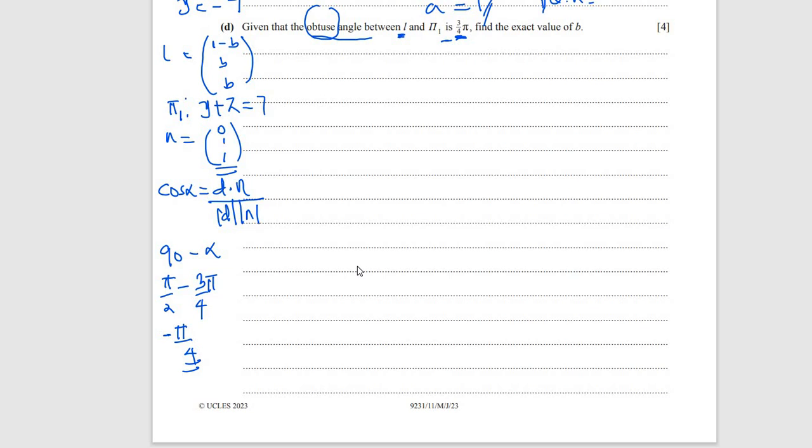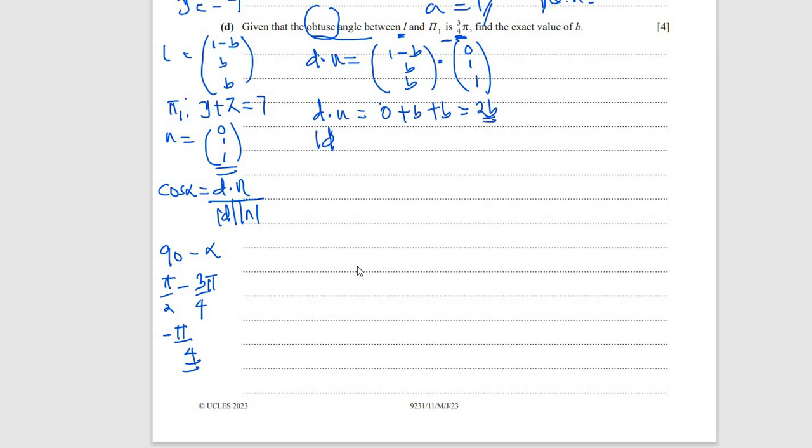So now d dot n. d is the direction of the line, so let's find d dot n. d is (1 minus b, b, b) and n is (0, 1, 1), so d dot n will give us 1 minus b times 0 is 0, plus b plus b, so d dot n gives us 2b.